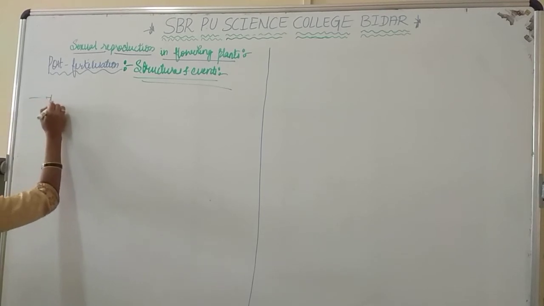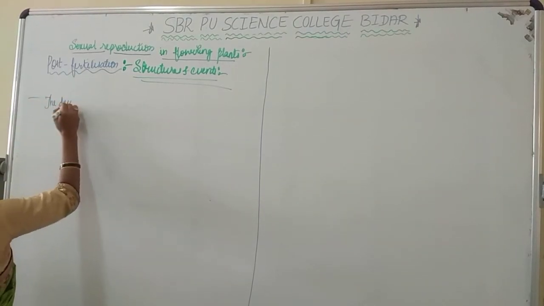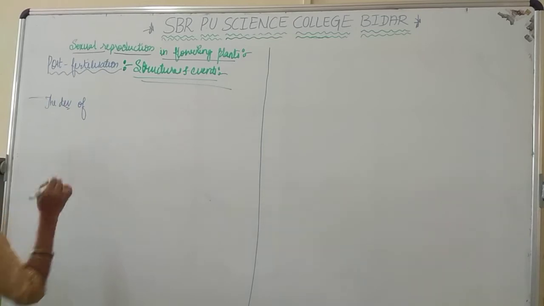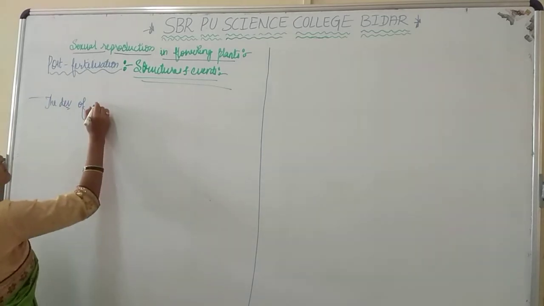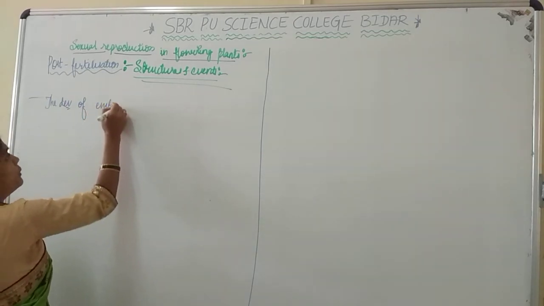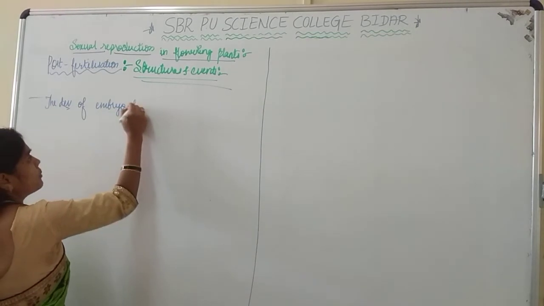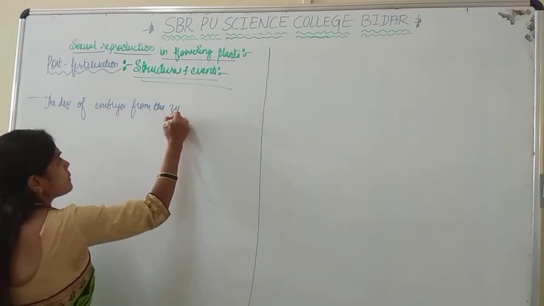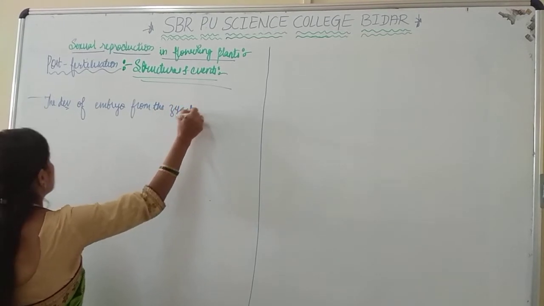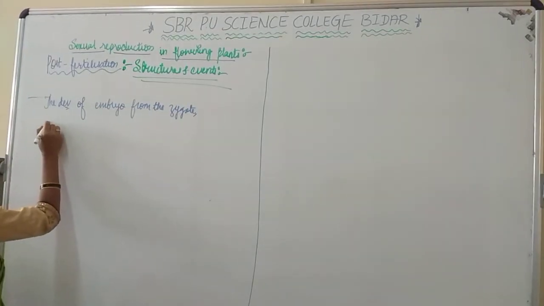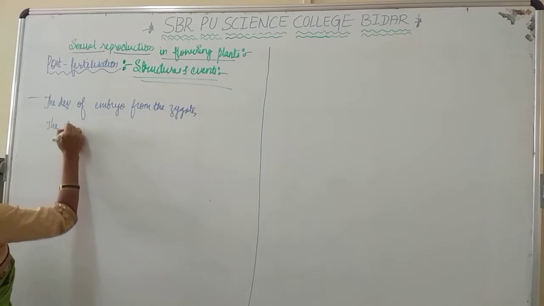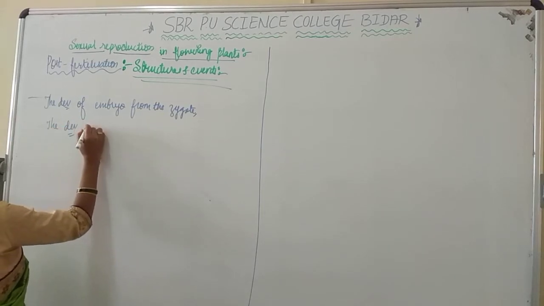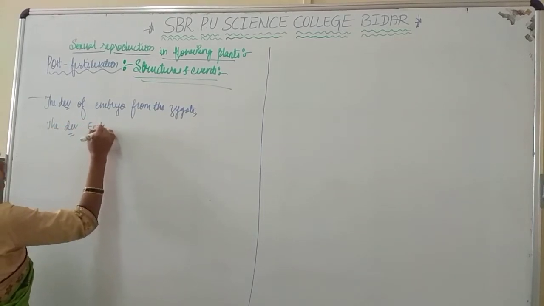The development of embryo from the zygote, then the development of endosperm.